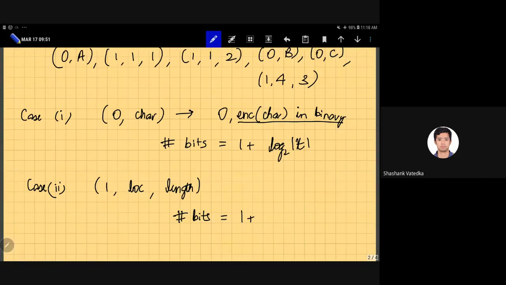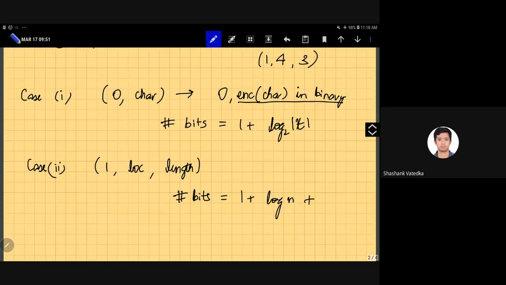And so the location can be as large as log of n minus 1. So it's roughly 1 plus log n, plus the length of the match could also be large.